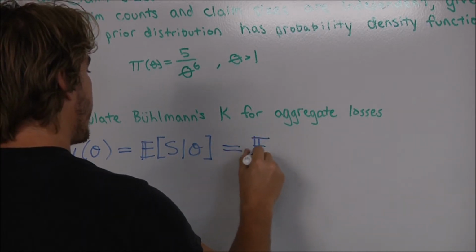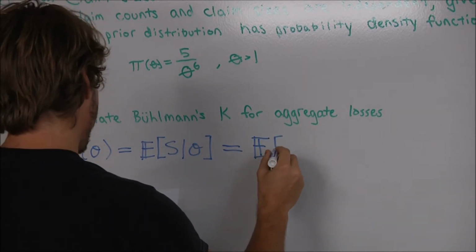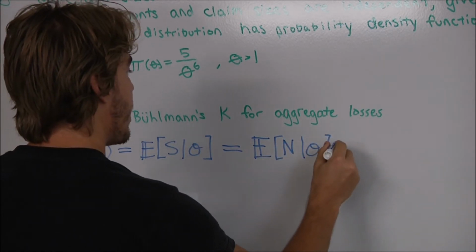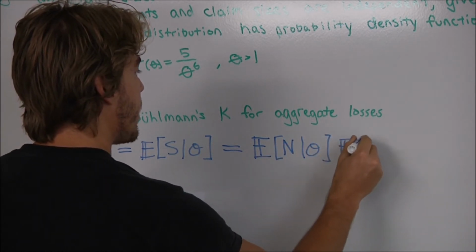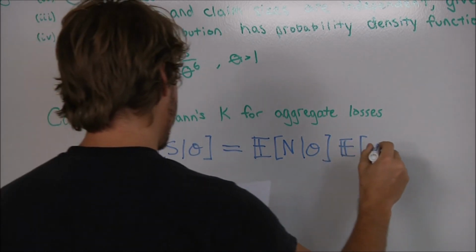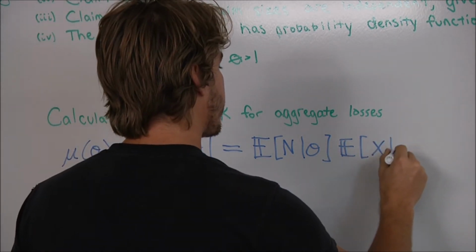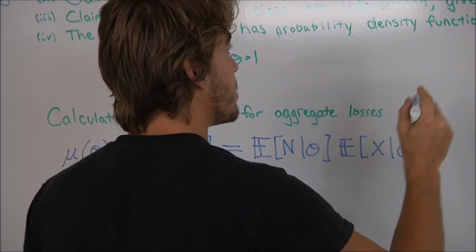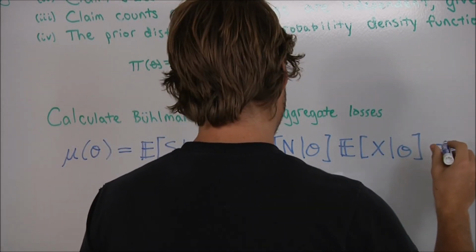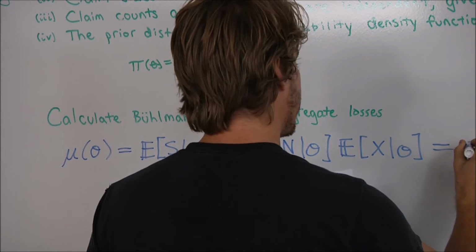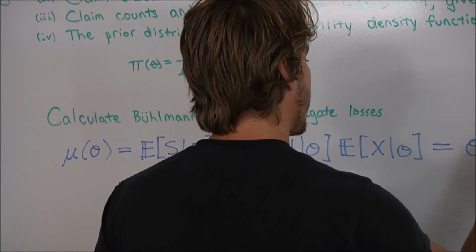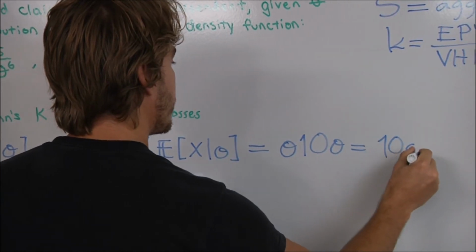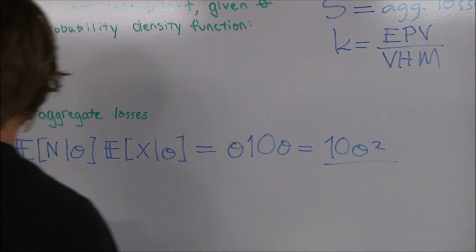To find the expected value of aggregate losses, you find the expected value of the number of losses and multiply that by the expected value of the size of the losses. And given that N is Poisson and X is exponential, from our tables we can calculate this to be theta times 10 theta, and that's 10 theta squared.